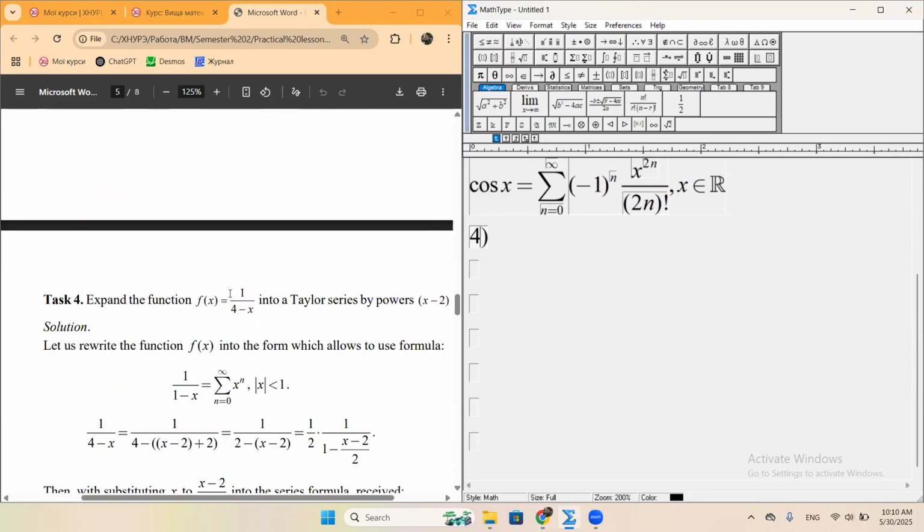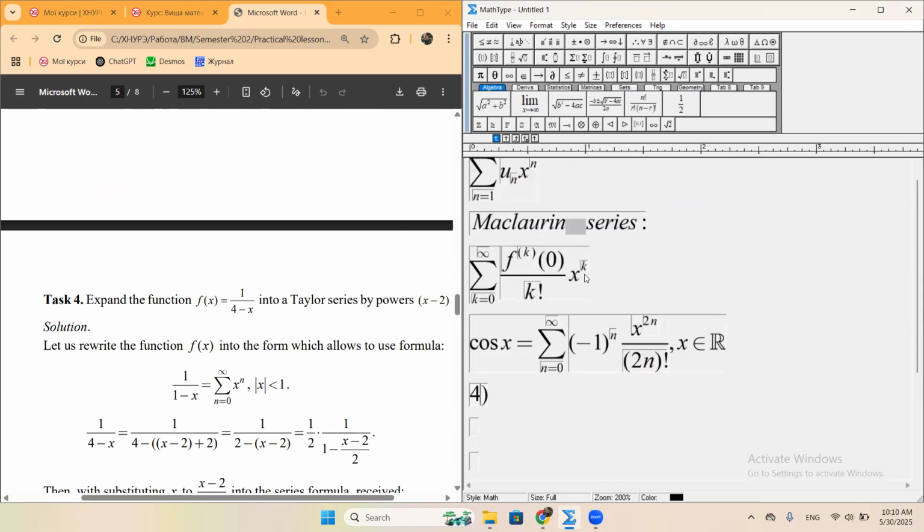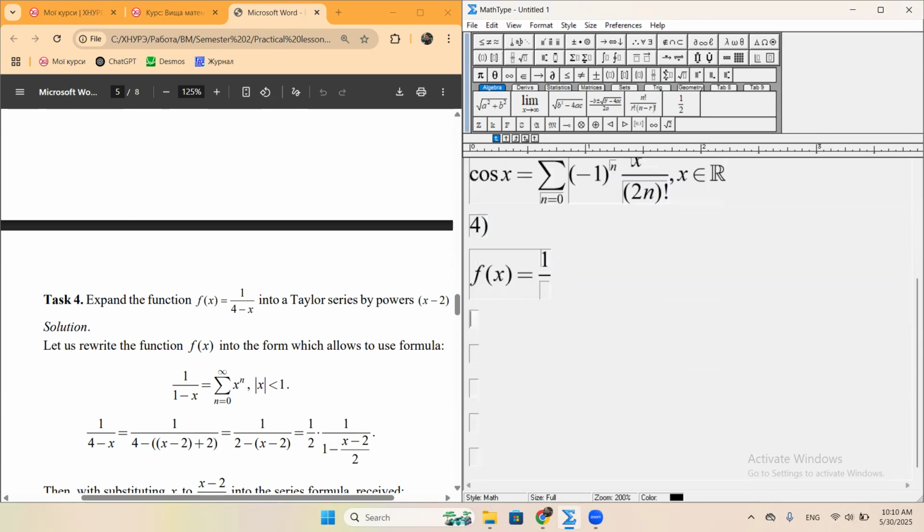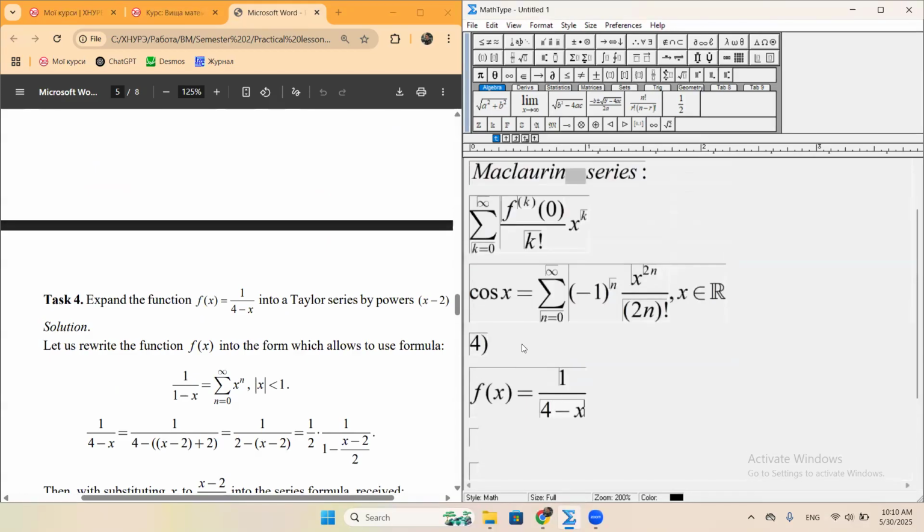And moving to task number 4. Here we will have to expand the function into a Taylor series. The Taylor series is actually the generalization of the Maclaurin series.